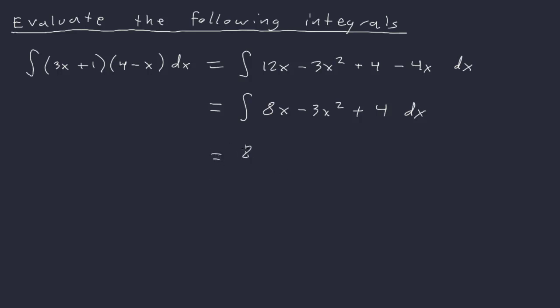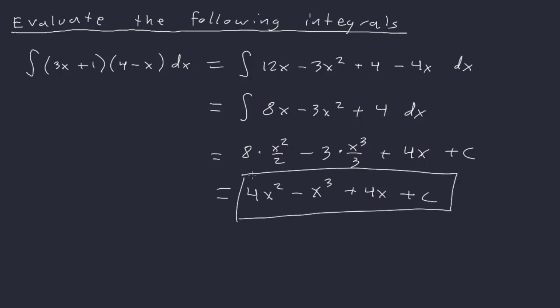All right, so we'll get 8 times x squared over 2 minus 3 times, in this case our exponent is 2, so it'll be x cubed over 3, and then the integral of a constant is that constant times x. Right, so we end up with 8 times x squared over 2 minus 3 times x cubed over 3 plus 4x plus c, which simplifies to be 4 x squared minus x cubed plus 4x plus c.